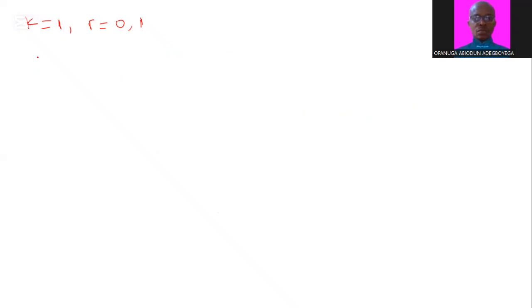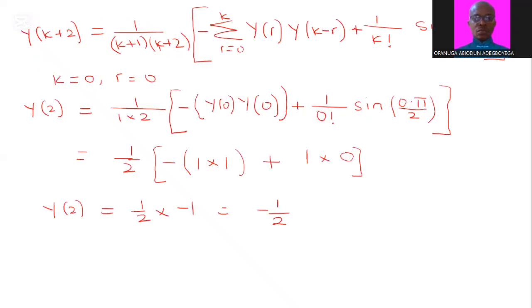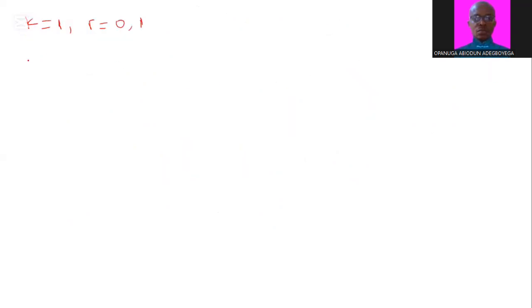Having that in mind, and substituting that into this expression, we are going to obtain Y(3) equal to 1 over 2 times 3, negative. This time around, I'll first of all substitute the values of r, which is 0 and 1.